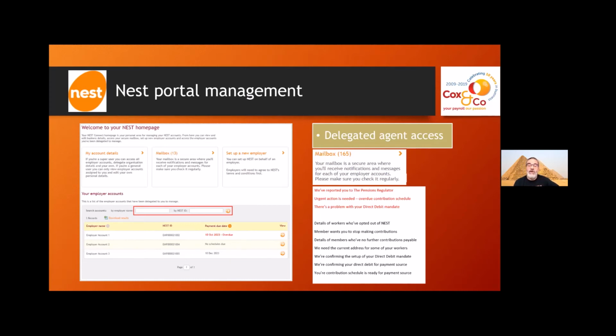So that's important. Member wants you to stop making contributions. Again, that's important. There's no refund to be administered there, but there will be a date beyond which contributions shouldn't be deducted. Again, Nest will reject it. So if it knows someone shouldn't be making contributions any longer, it will reject any contribution you try to make, which is a good thing.